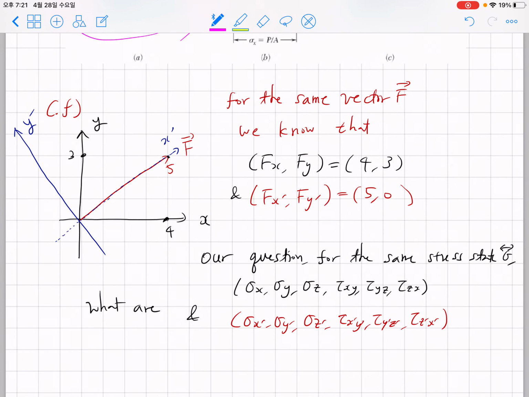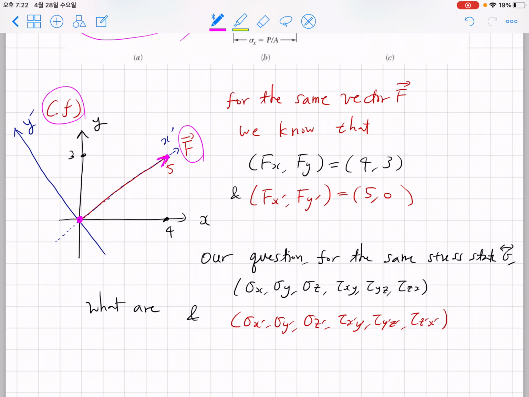So let me make a comparison with your freshman calculus class. Back in freshman calculus and freshman physics, you learned about transformation of a vector. Suppose that you have a vector, this red F. This vector has a magnitude of 5, and its direction is pointing in this direction.